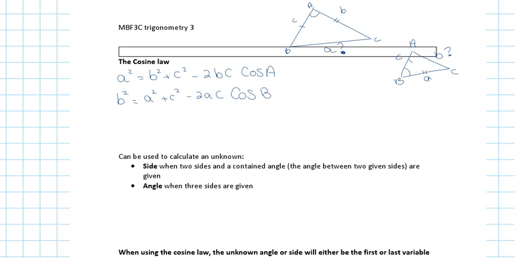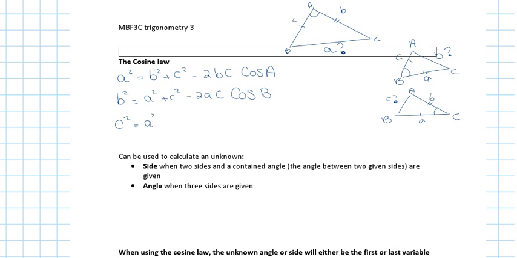And same if I'm looking for C squared. What must I know? Looking for side C, what should I know? Side A and side B, and angle C. And what would be the formula?